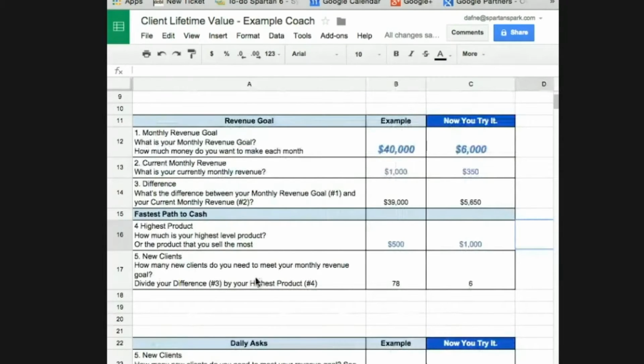And how many new clients do you need to meet your monthly revenue? This automatically calculates. It's the difference that you're trying to get to divided by your highest product value. So she needs 6 clients a month to get to that goal.